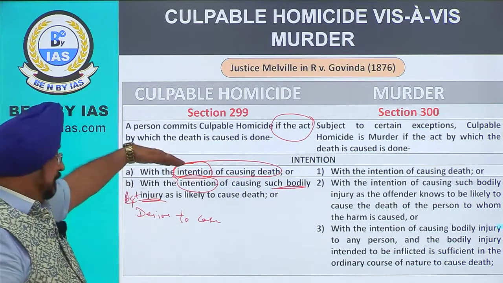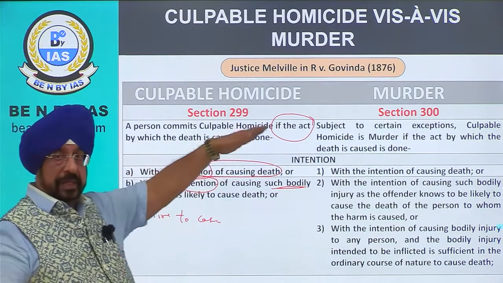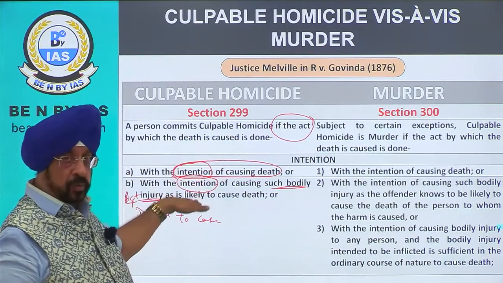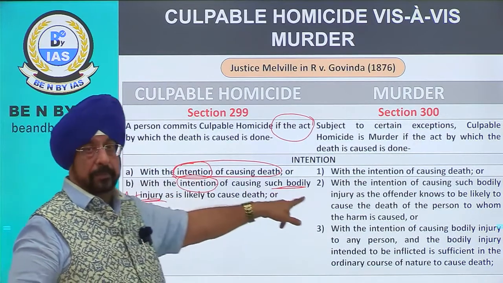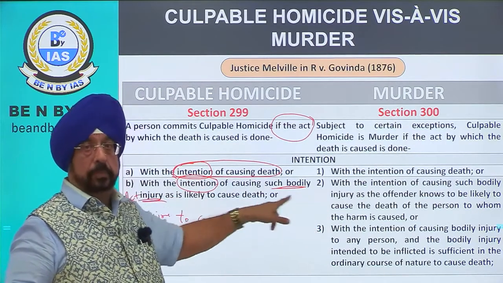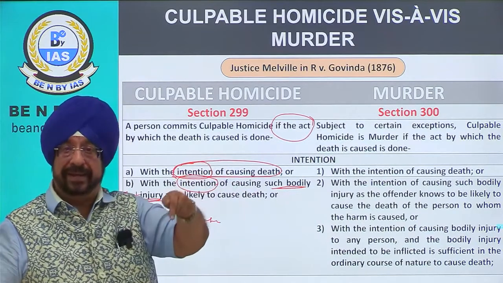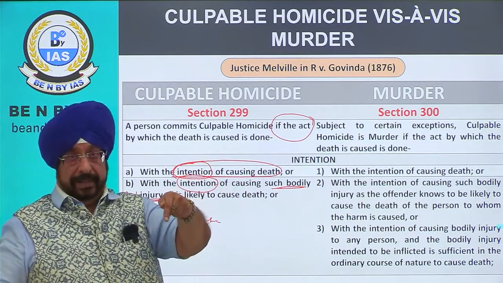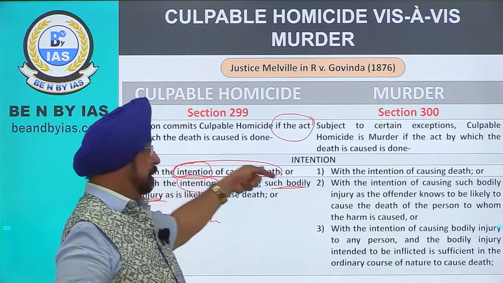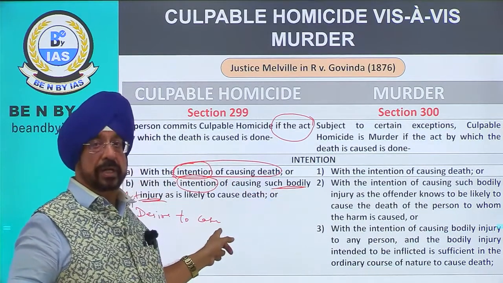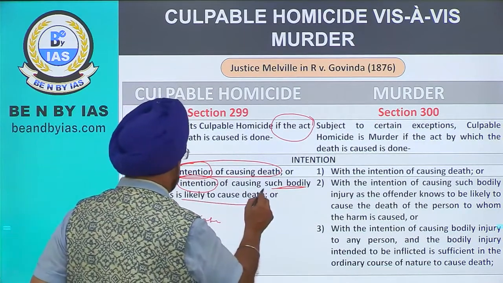Now here it was clear-cut causing death. Intention is very clear. Desire is very clear. Here the desire has come down to what? The act is causing the bodily injury, and that bodily injury is intentional. Getting it? Intention to cause such bodily injury which is likely to cause death.